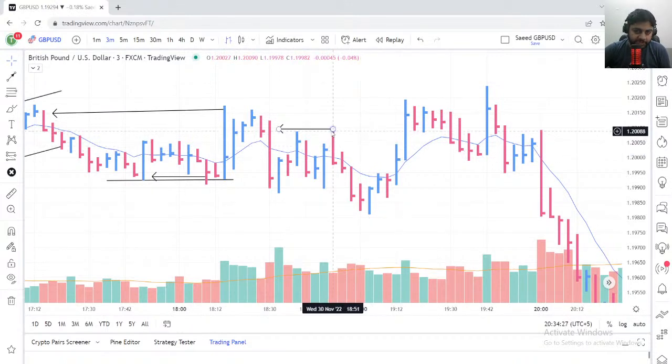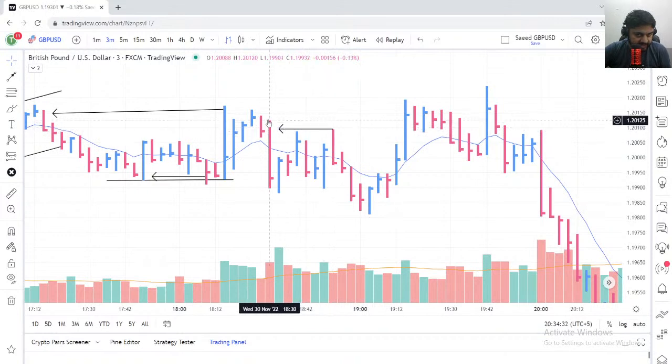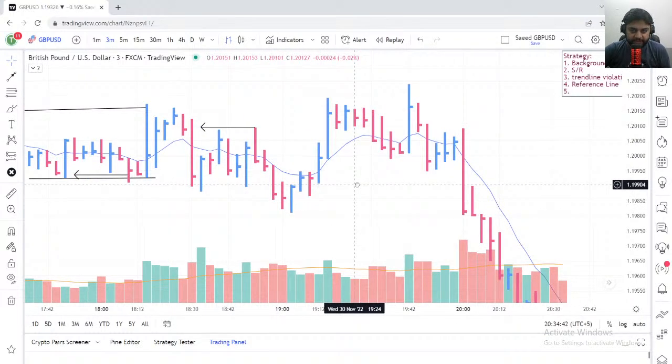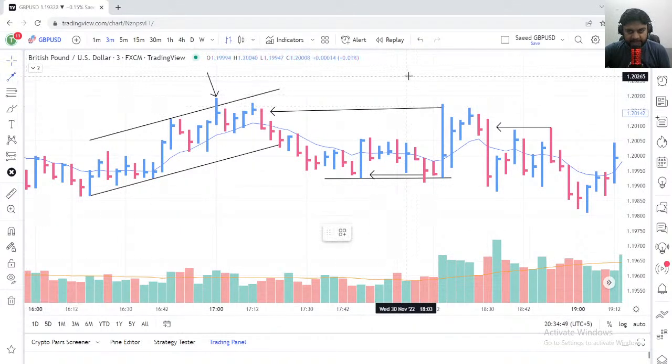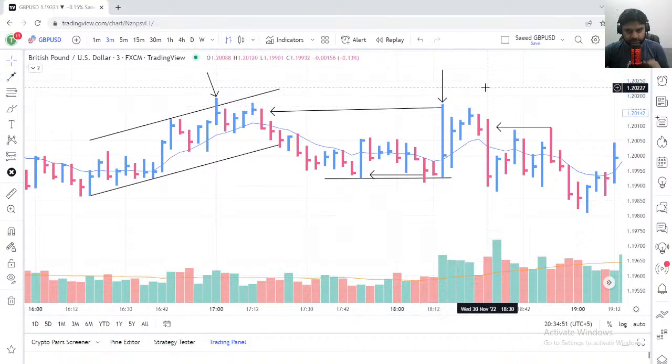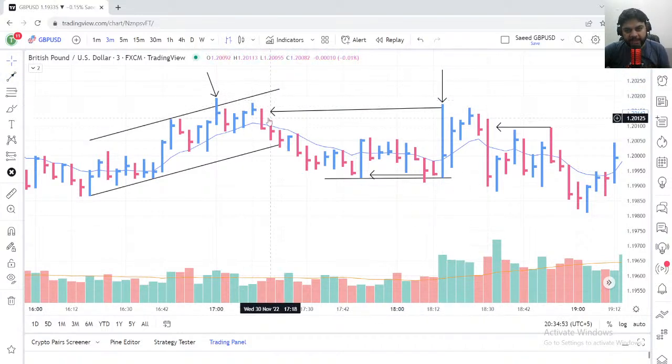Okay everybody, so I was explaining how to check the reference line. If you check the reference line of this level at the back, you will see a huge downward move, which means there is selling going on in the market at this reference line. In the same way, if you look at the reference line for this bar, I just look back, and I'm finding that the market is moving down.